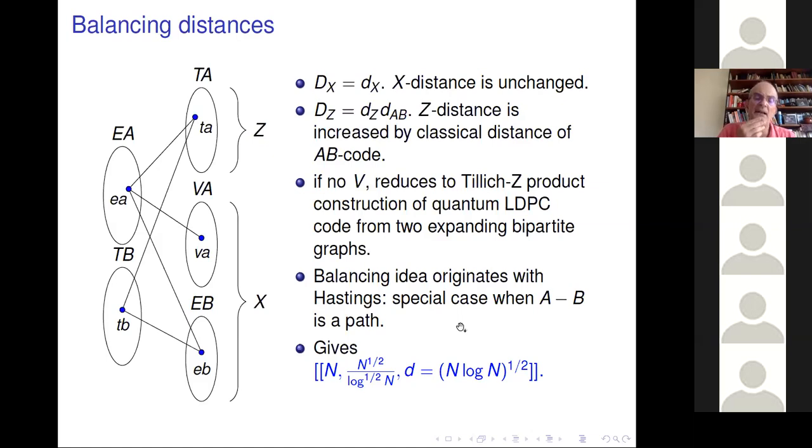So this balancing idea originates with the paper from Hastings, who studied the special case when the AB bipartite graph is a path.